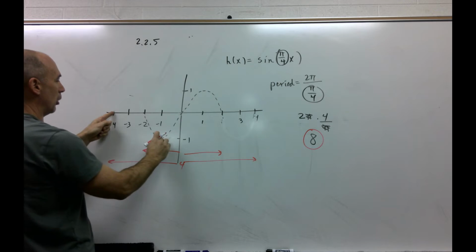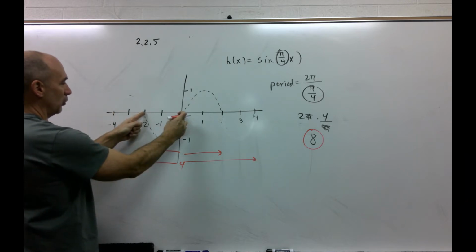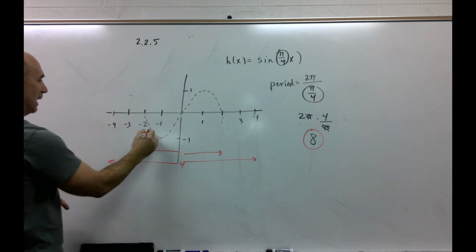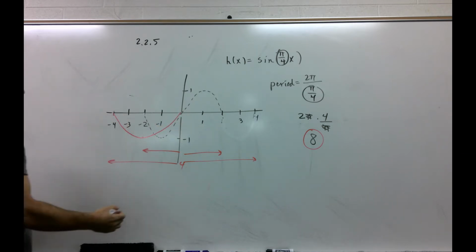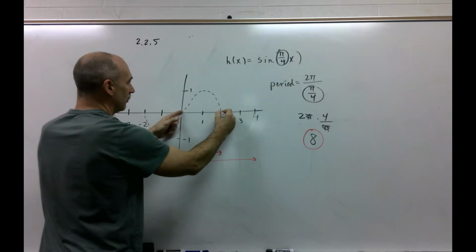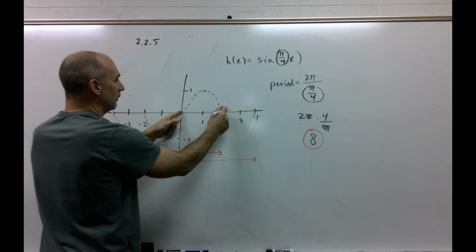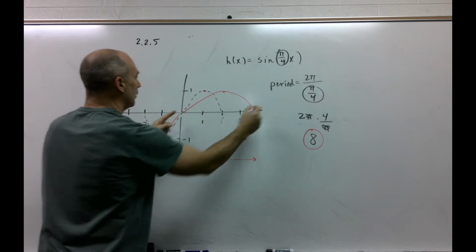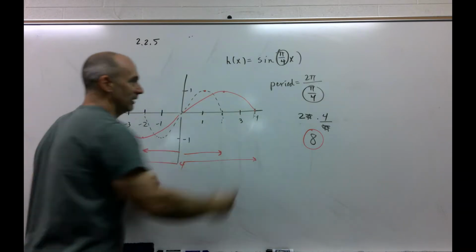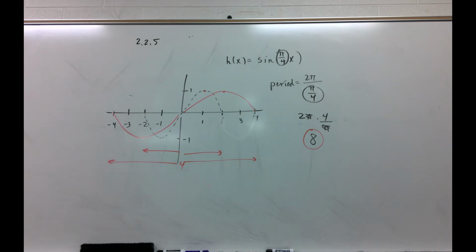Well, this low point is halfway of the original wall. Halfway this time would be here. So it needs to go like this. This hill, the halfway point is the peak. So the halfway point here is here. So it just gets horizontally stretched. That's a weird one, and there's no doubt about it.